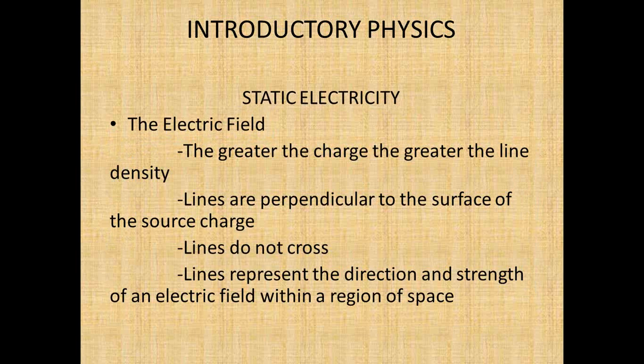If you have a negative source charge, it's going to attract the positive test charge, so the lines are going to go towards that negative source charge. If you have a positive source charge, your test charge is positive, so it's going to be repulsive. So the lines are going to go away. When you repel, you move something away.